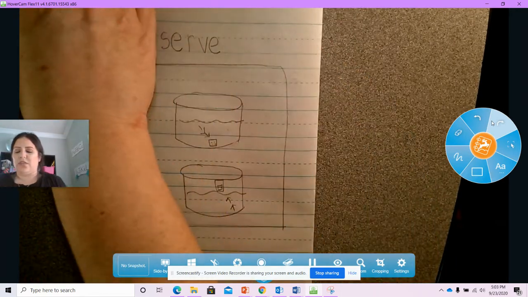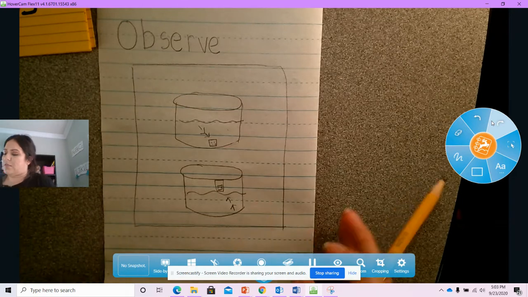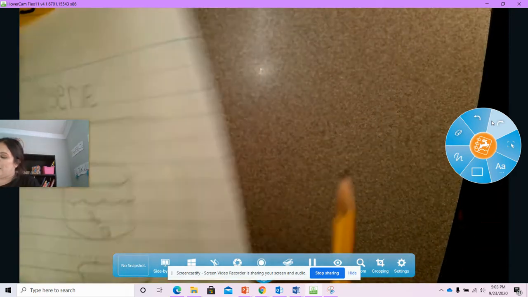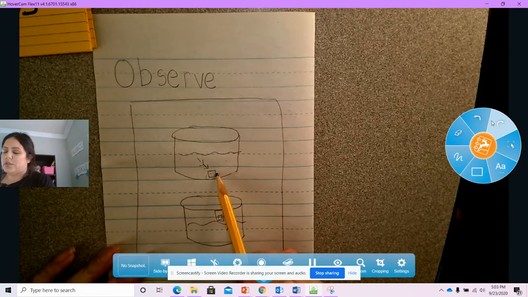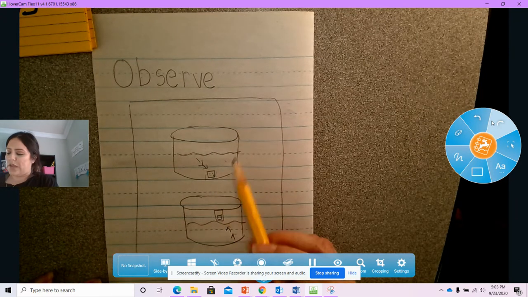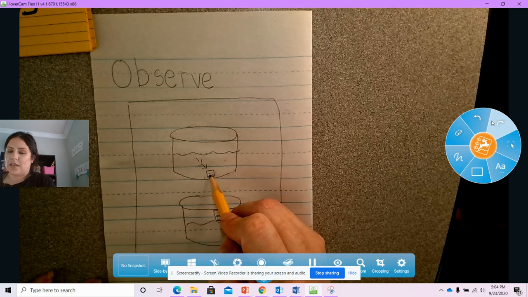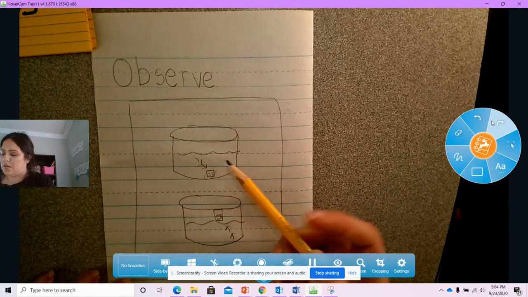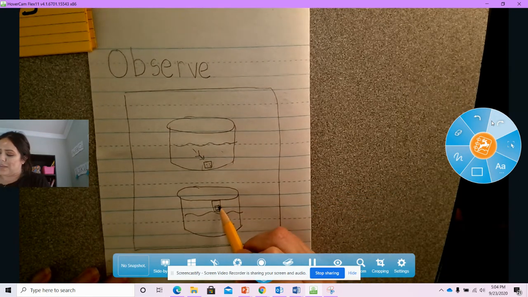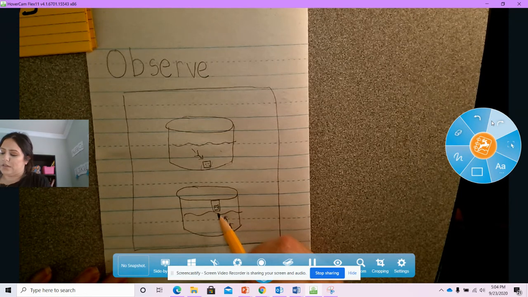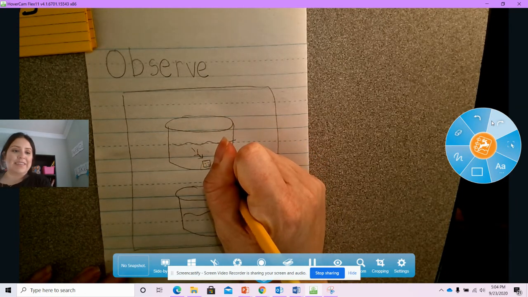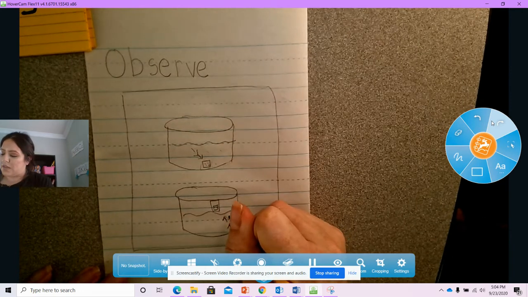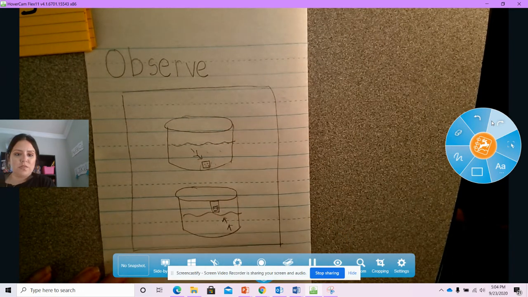For example, if I were making my video, I would say, in my experiment, the dice, when it was all by itself, it went to the bottom. It sank to the bottom. But when I put the dice in the cup, it floated to the top. So when something comes down, down, down, it sinks. And when something comes up, up, up, it floats, right?